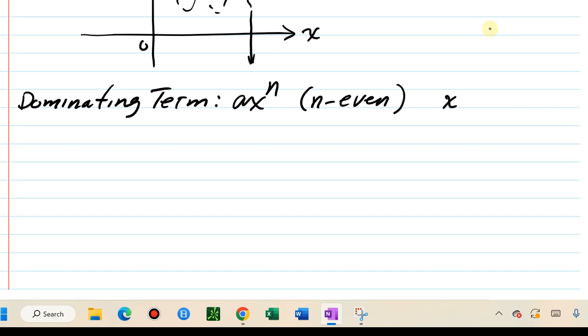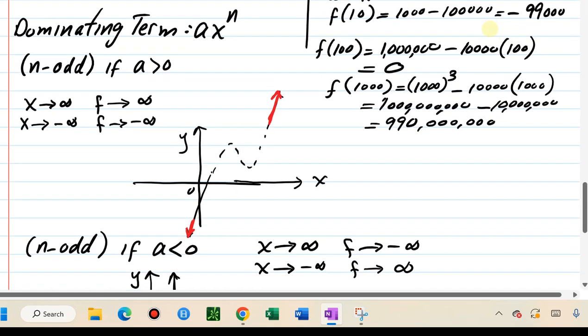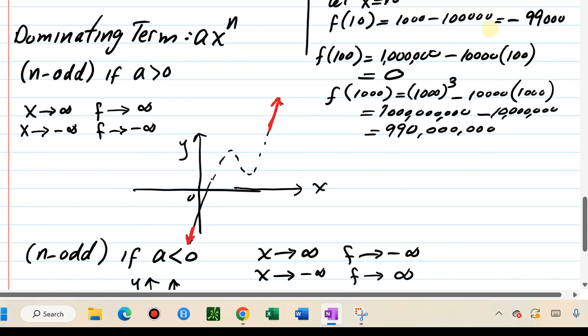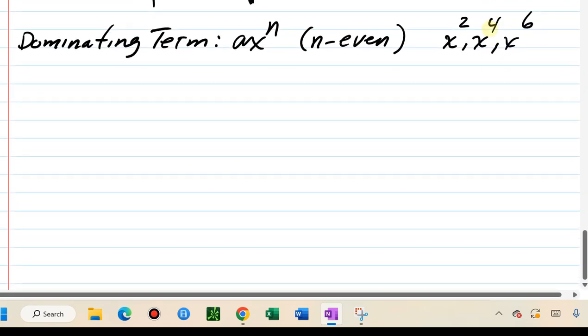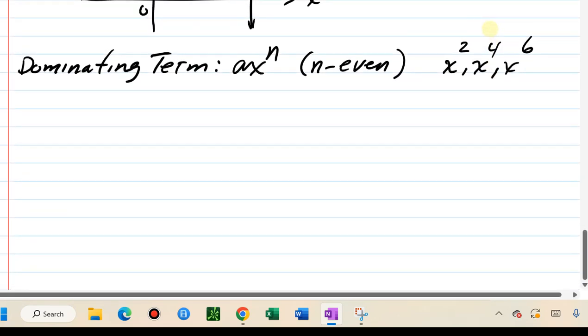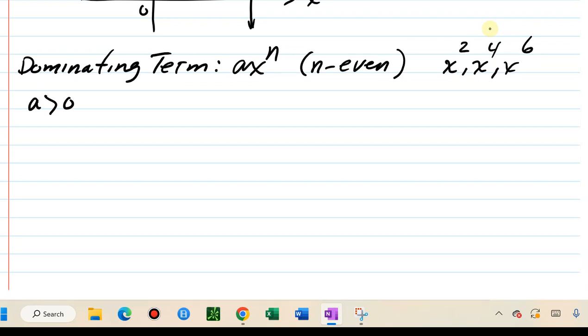So, for example, we have x squared, x to the 4th, x to the 6th, and so forth. The one I had up here for when n is odd, we have things like x cubed, x to the 5th, x to the 7th, like that.